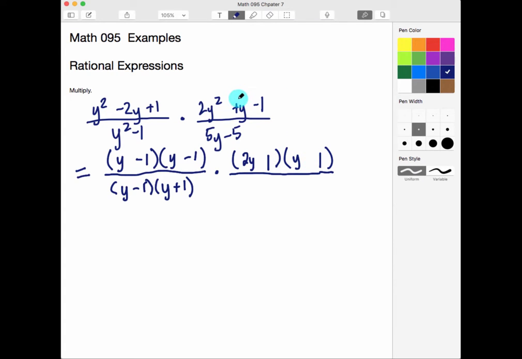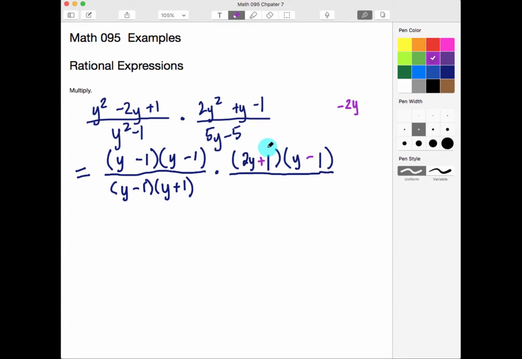Now what I don't know is the sign in the middle. So the middle term of this polynomial is positive y. So if I do a little scratch work, let's say I had a plus and a minus in my parentheses, and I do some just checking. 2y times negative 1, so that's a minus 2y.